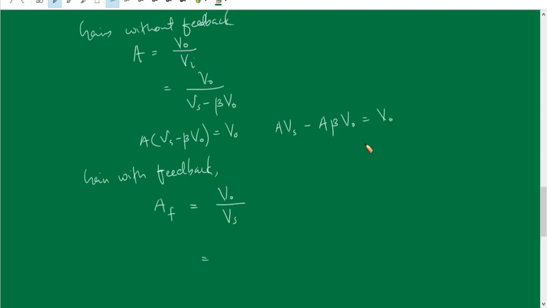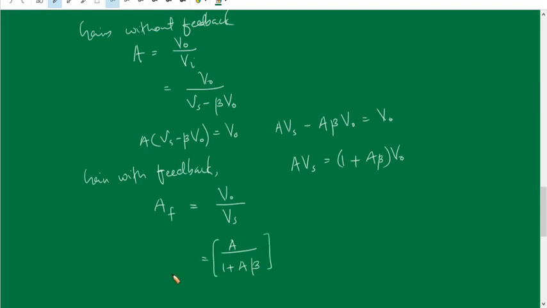So A Vs is equal to Vo plus A beta Vo, which is 1 plus A beta times Vo. So Vo divided by Vs would be A divided by 1 plus A beta.